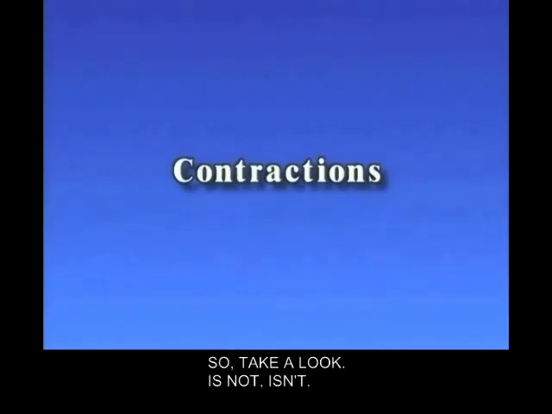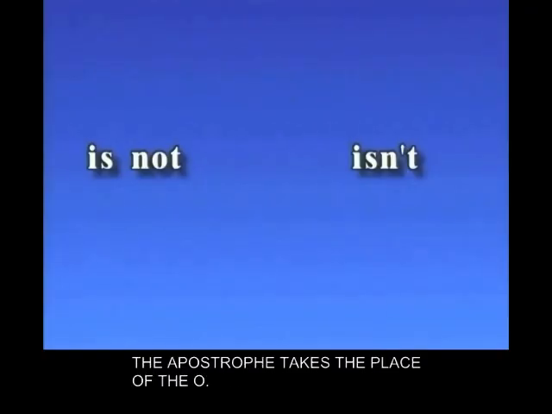So, take a look. Is not, isn't. The apostrophe takes the place of the O. Does not, doesn't. Would not, wouldn't. Must not, mustn't. Are not, aren't. Do not, don't. Did not, didn't.